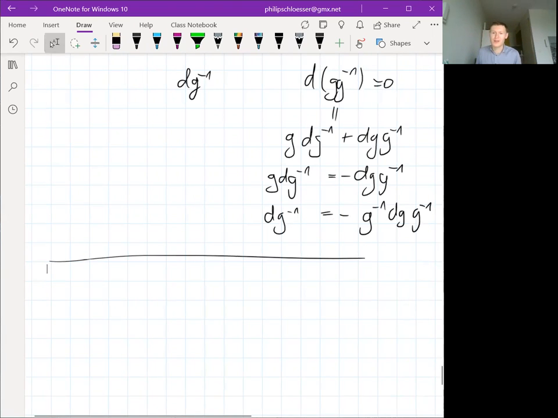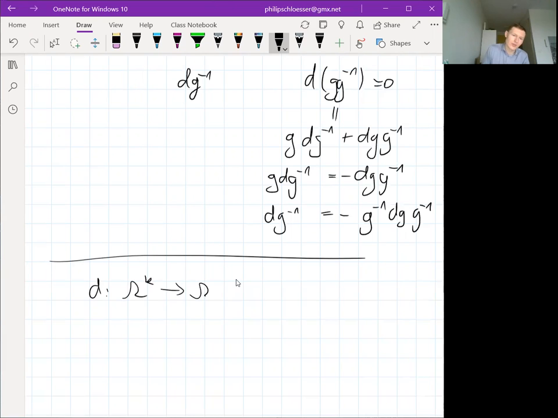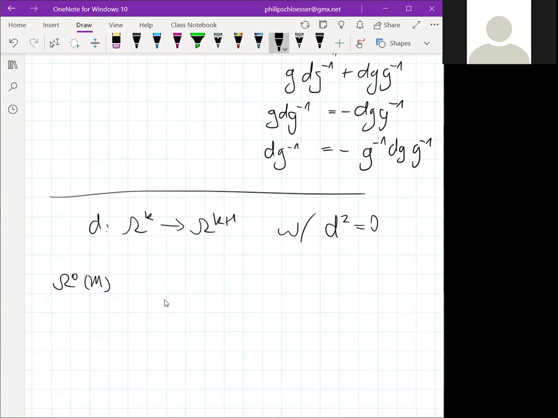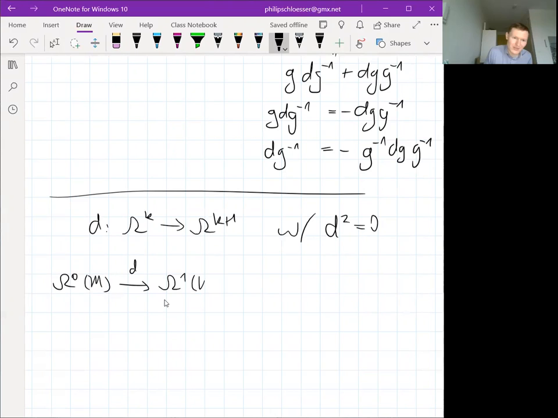So note that the idea of having a map d from omega k to omega k+1 with d squared is 0, that sort of rings a bell, right? I guess more to the point, we can write things in this way: 0 forms, d to 1 forms, d to 2 forms, and so on.